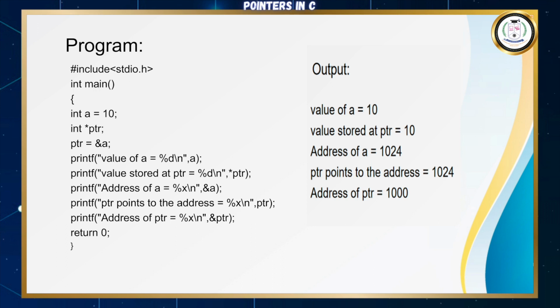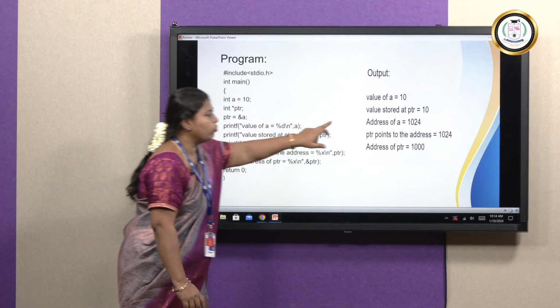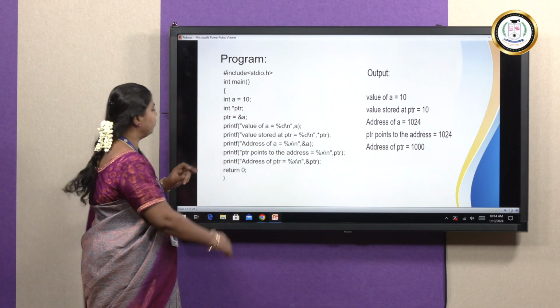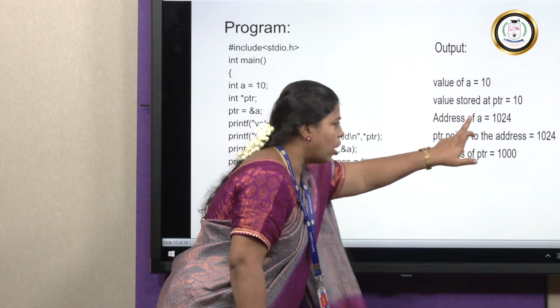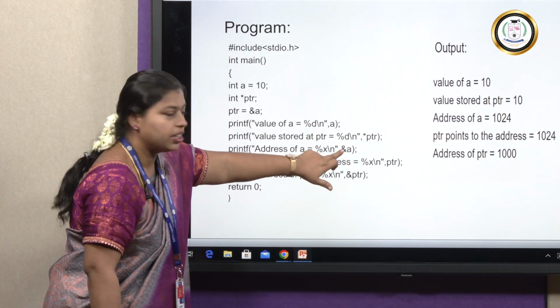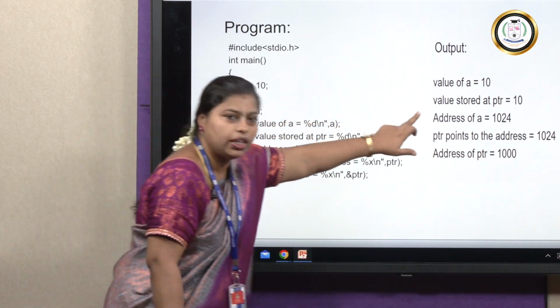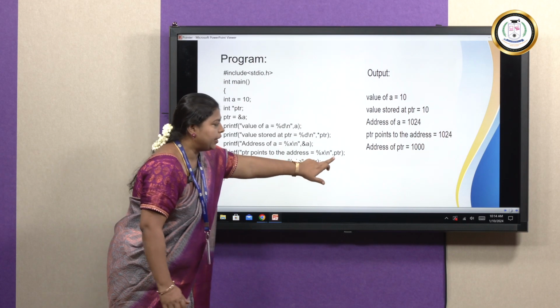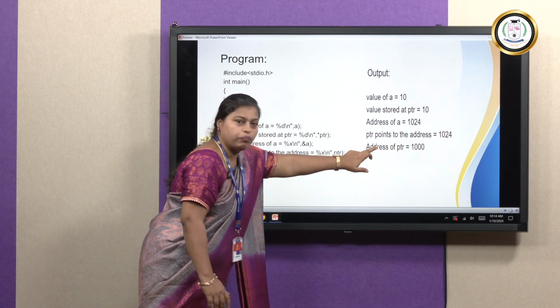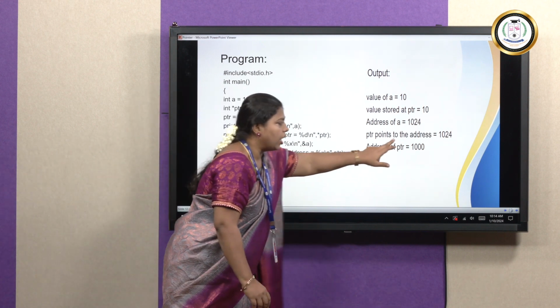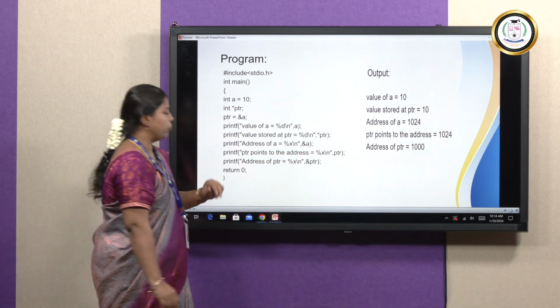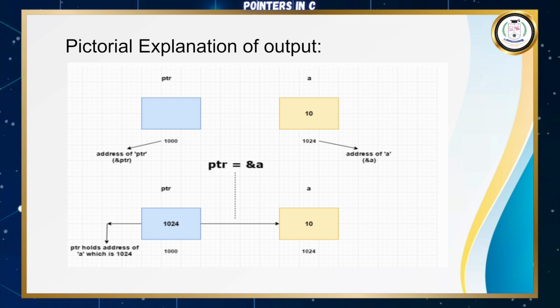Output of the program: value of a will be 10, and star p will be the value, ampersand a will be the address of the value, and ptr means the address of the pointer variable, and ampersand ptr means the address of that value, 1024. You can see the pictorial representation of the output.